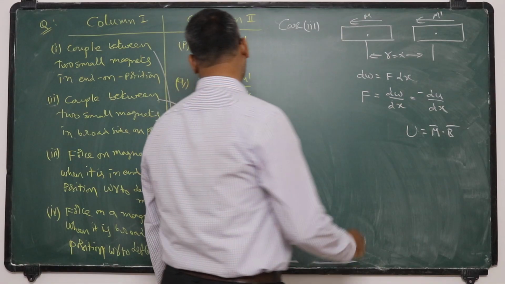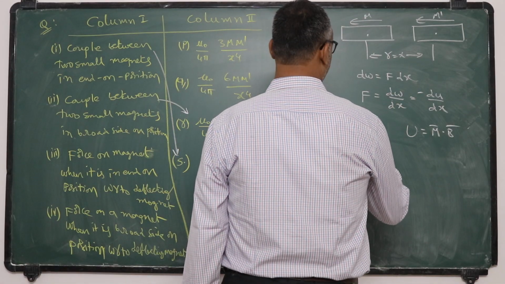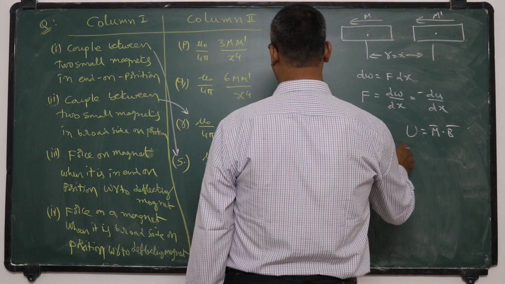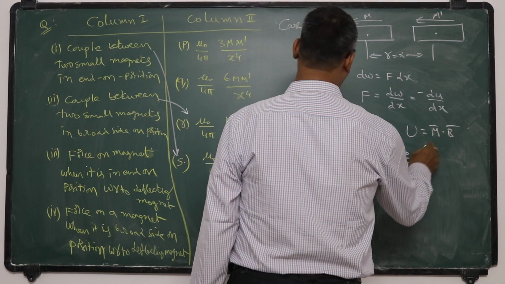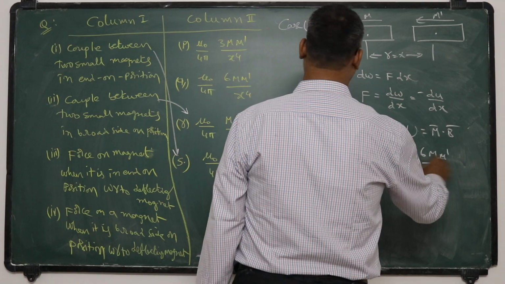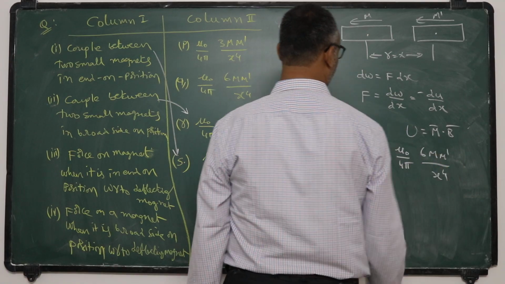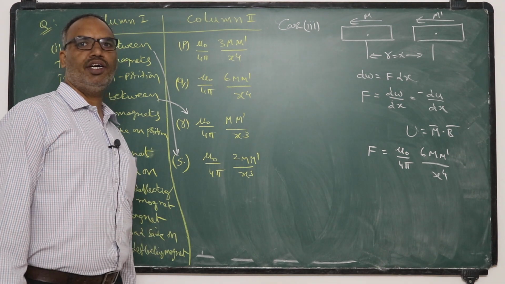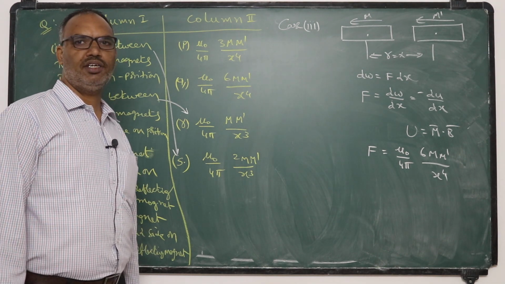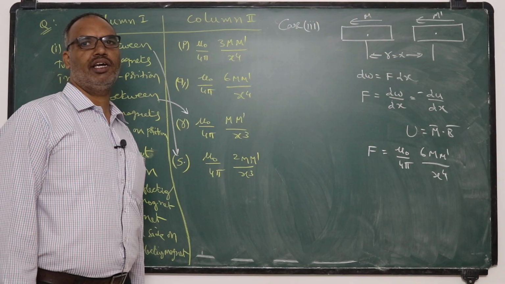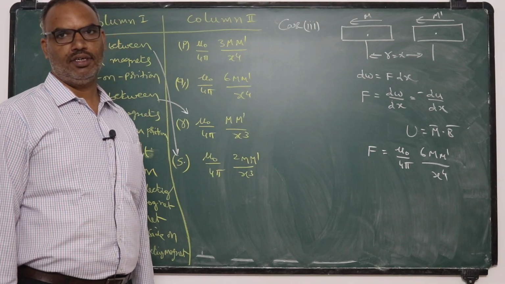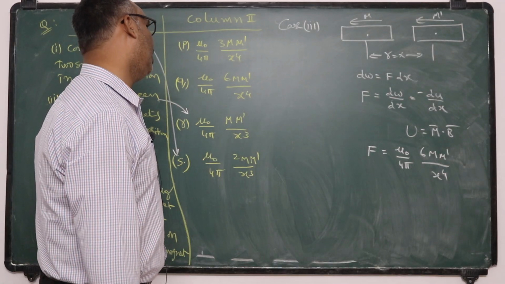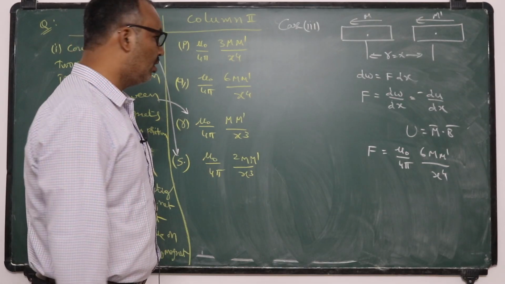Then you can calculate the force value as mu naught by 4 pi into 6 mm dash by x power 4. So by the method of differentiation, we need to do it. We should not go for direct method. The direct method is not giving any proper answer in this case, because the angle also plays an important role here. That's why we have to go for differentiation method.